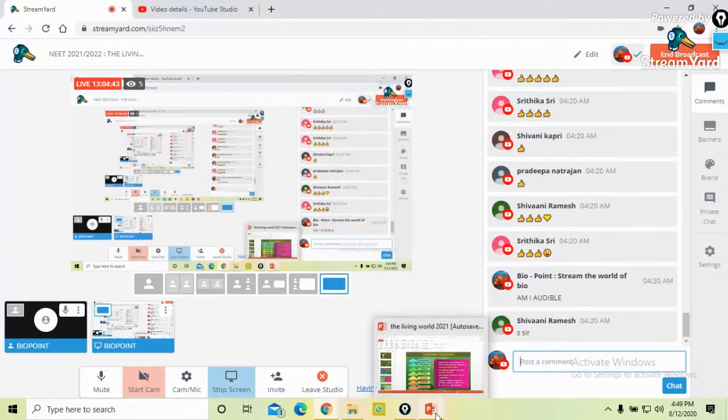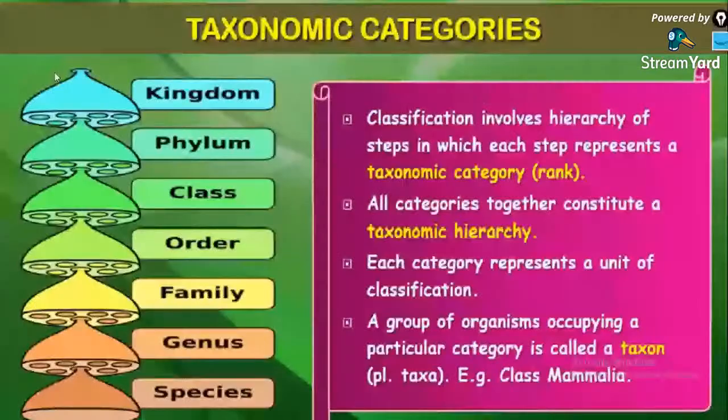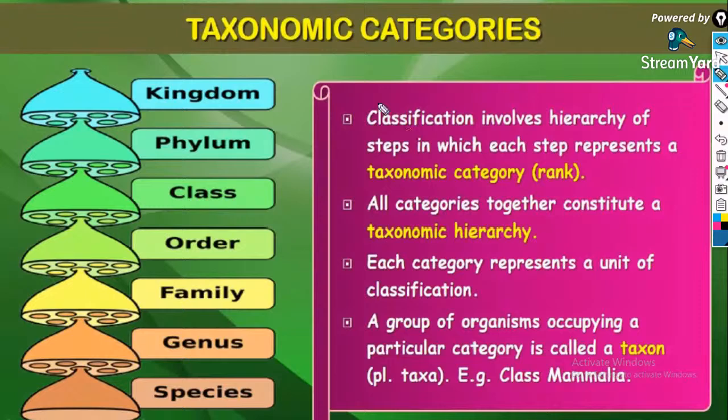Okay, next we'll be discussing the taxonomic categories. So please listen very carefully. Classification involves a hierarchy of steps, and each step represents a taxonomic category or rank. All organisms are arranged like this: species, genus, family, order, class, phylum, kingdom.